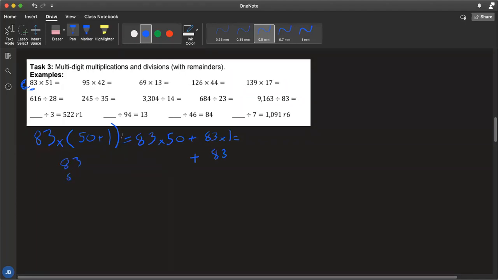We know 0 times anything is 0. So we'll just drop our 0, 5, add our 1, and 41, correct? And so our final answer should be something like 44,233. Is that what everybody else got for the first one?